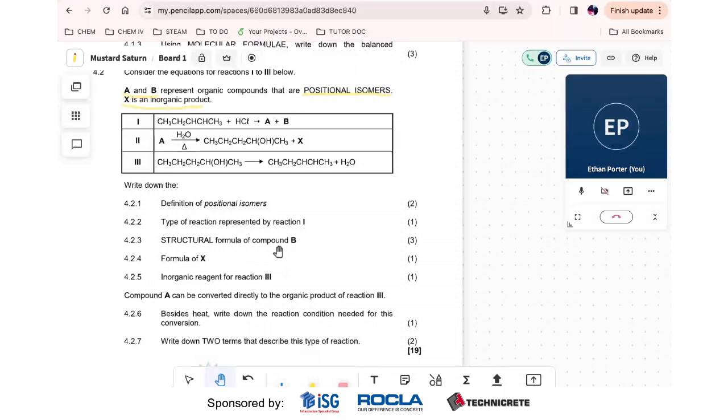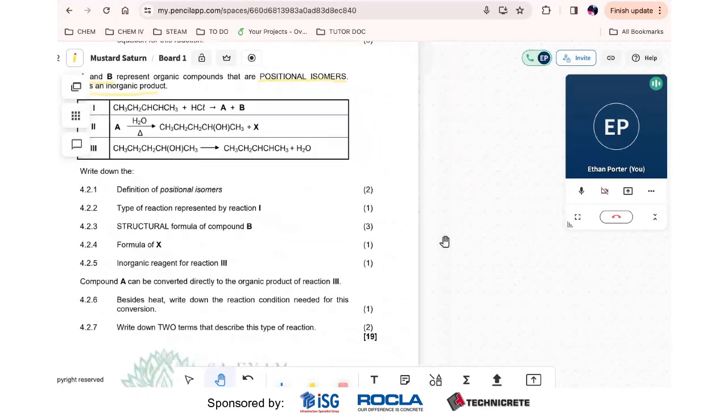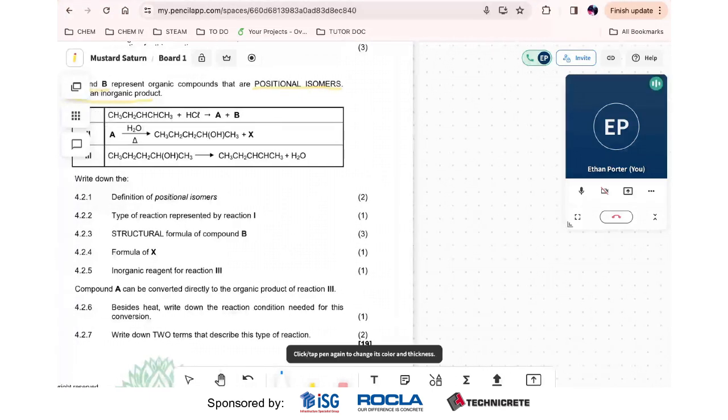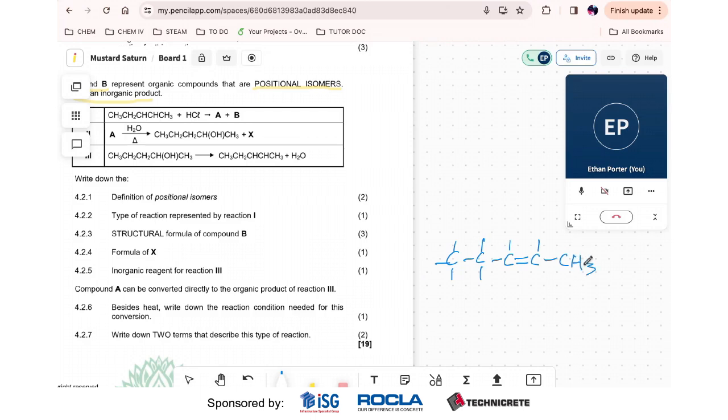Okay. Question 4.2.3. What is the structural formula of compound B? Okay, so we've got to work out this reaction. So let's first draw out the equation. So we have CH3, CH2, CH, and then double bond CH, and then at the end CH3.